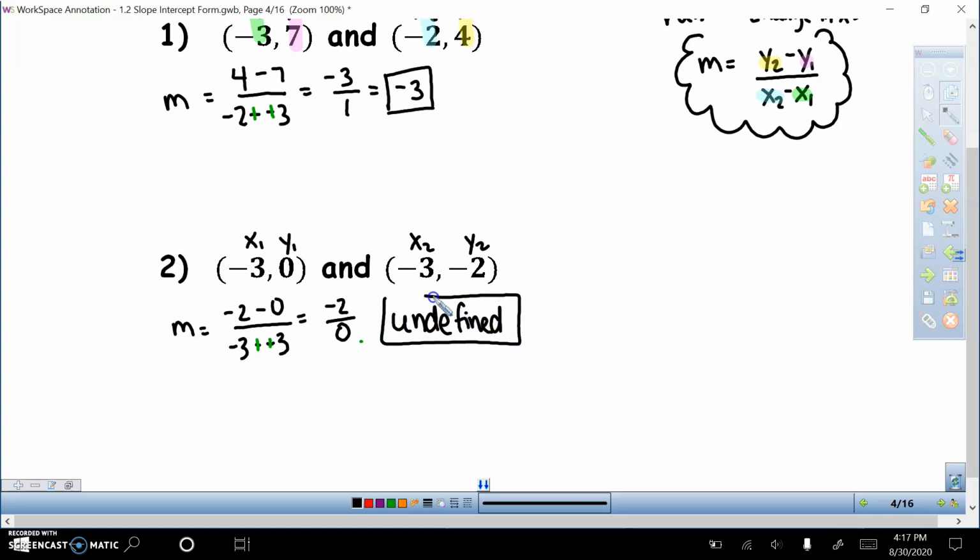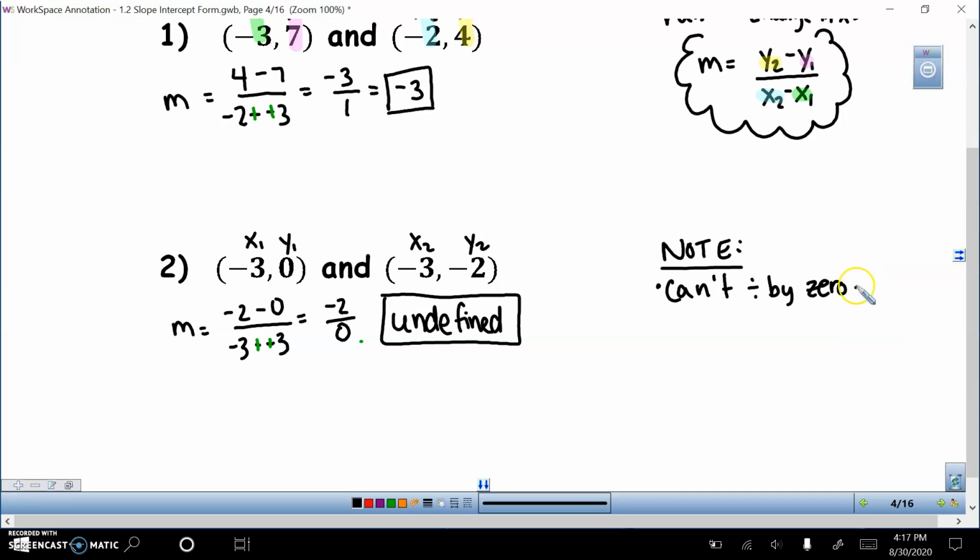So just a quick note I would like to make off to the side. As a follow-up to that, you can't divide by 0. Whenever this happens, your slope will be undefined.